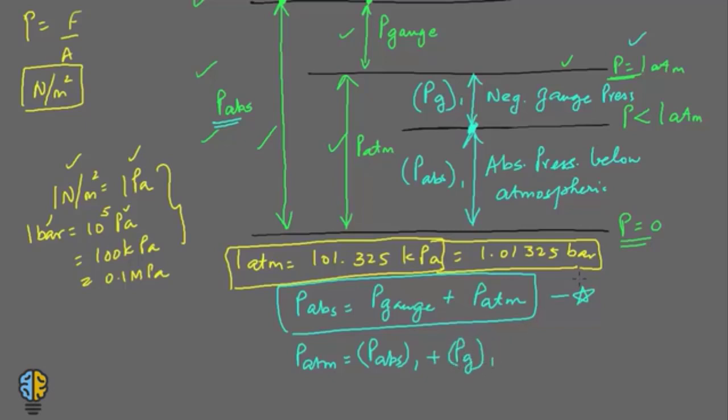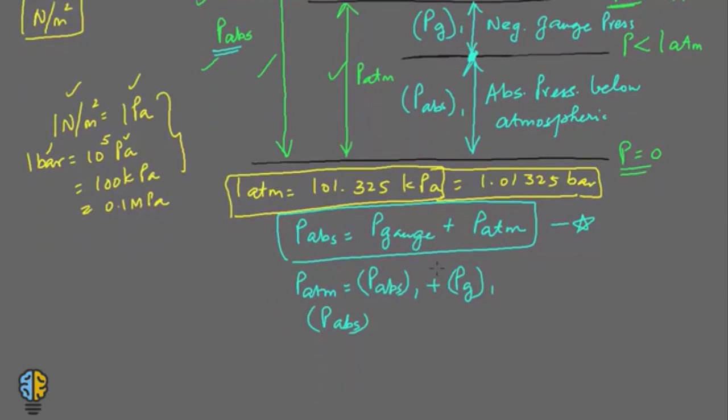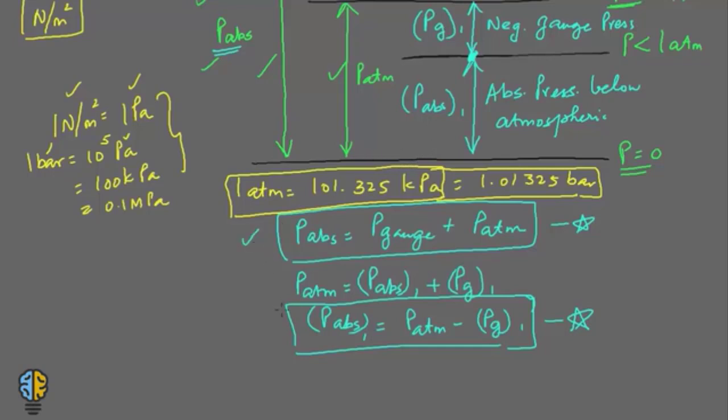Okay, and from this you can find out that the absolute pressure 1 is equal to P ATM minus the gauge pressure 1. So this is what you get for absolute pressures which are below the atmospheric pressures. Okay, so these two relationships are what you need to remember in this particular video.